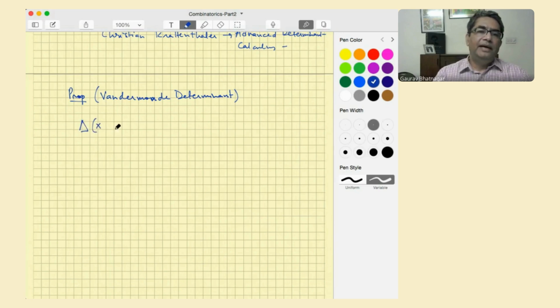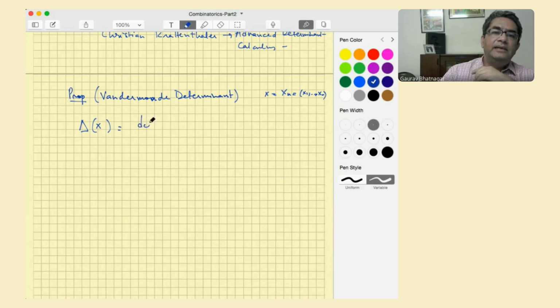So delta of x, where x is x1 to xn, is the determinant of xi raised to the power n minus j, with i and j going from 1 to n, and this is equal to this product formula.